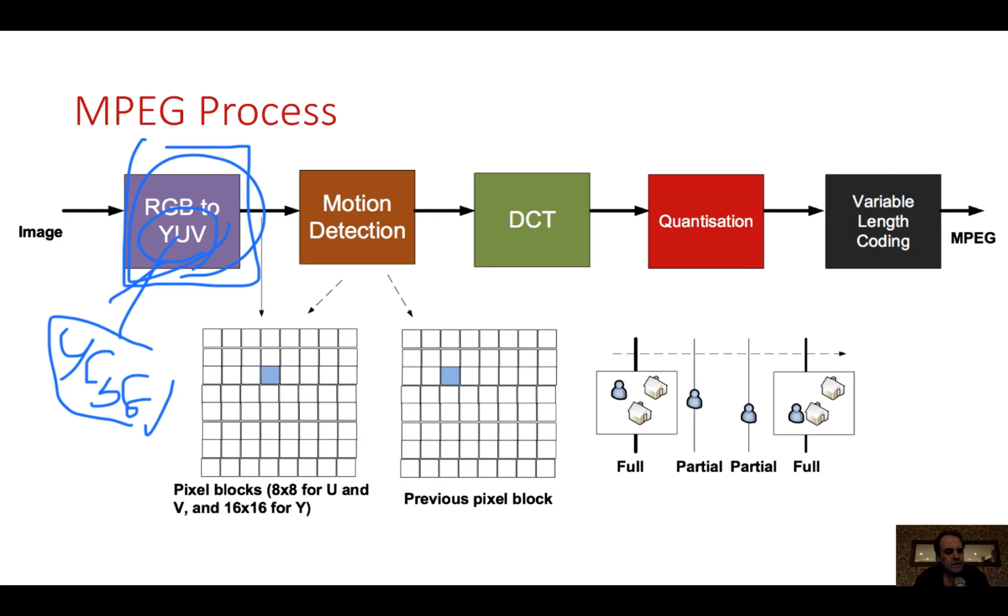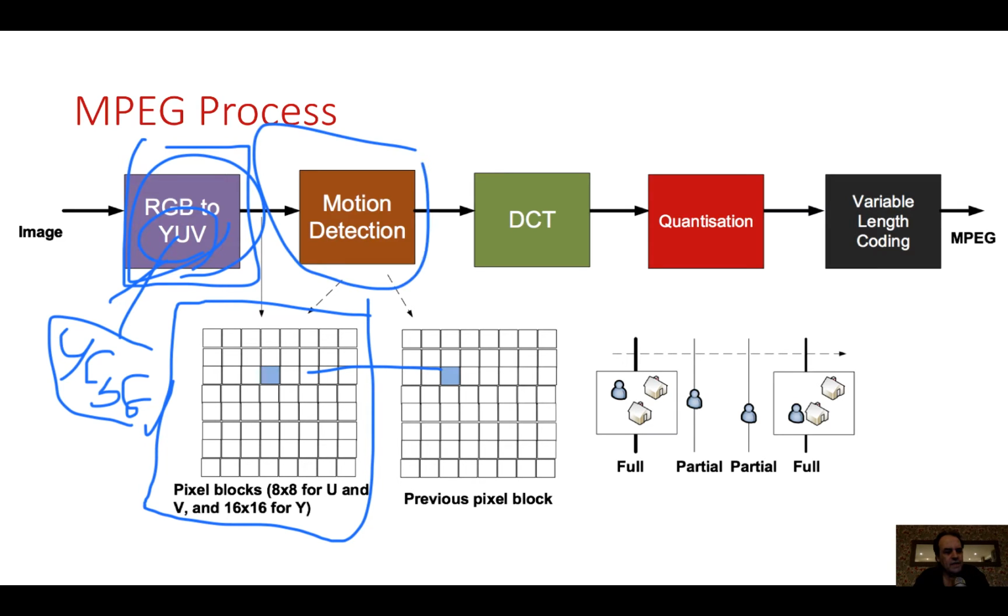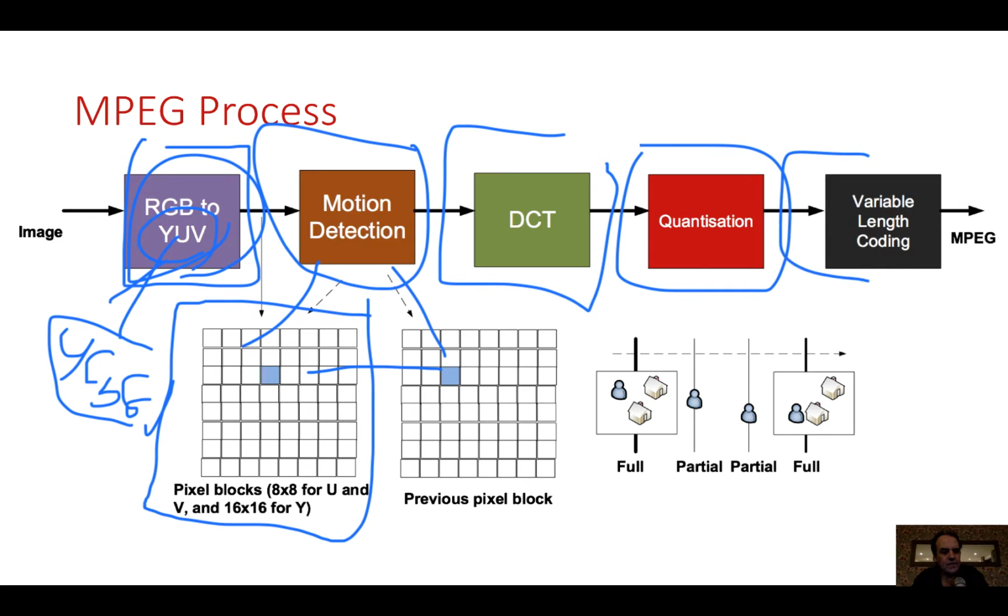Then we convert it into our pixel blocks, and after that we look at motion detection. With motion detection, we're looking at the differences between consecutive frames, storing the frame and then storing the difference for the next one. We do our standard DCT as we've seen, and we've got quantization and some sort of Huffman variable length coding at the end.